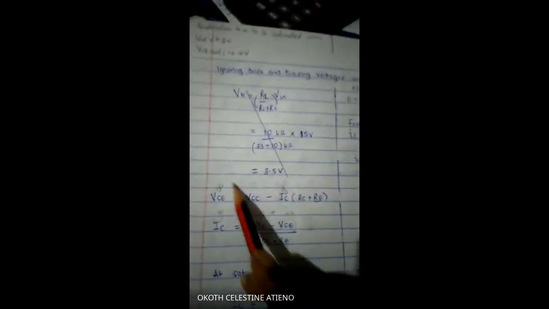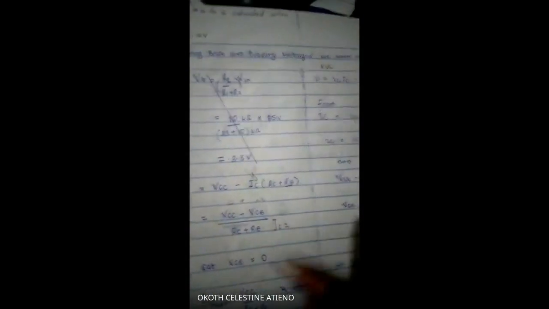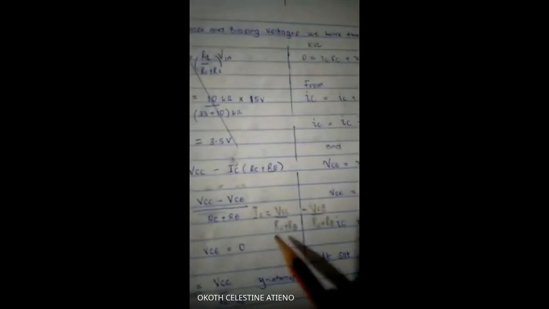So let's put our equation in the form y equals mx plus c. We know our y is IC, our x is VCE. So IC equals mx, where VCE is the x. So we have VCC over RC plus RE minus VCE over RC plus RE.